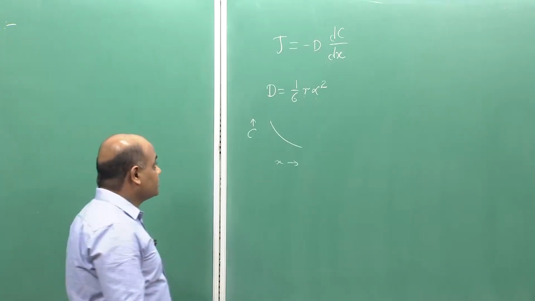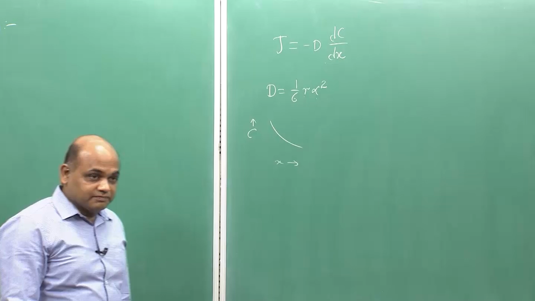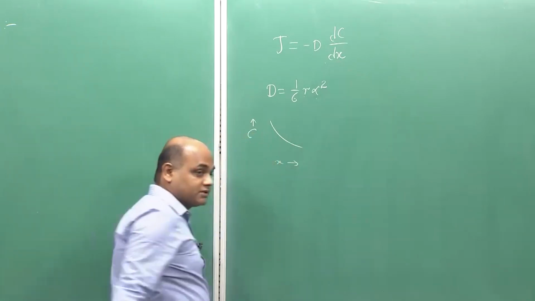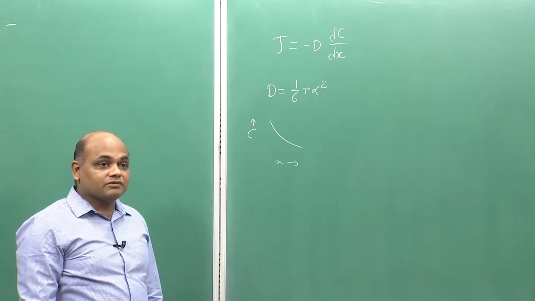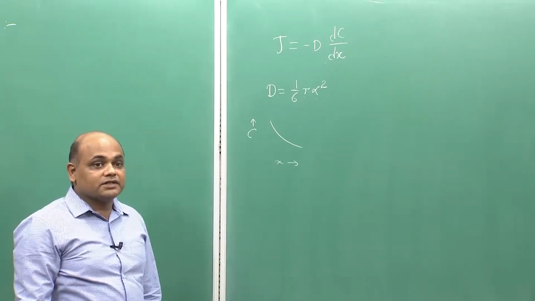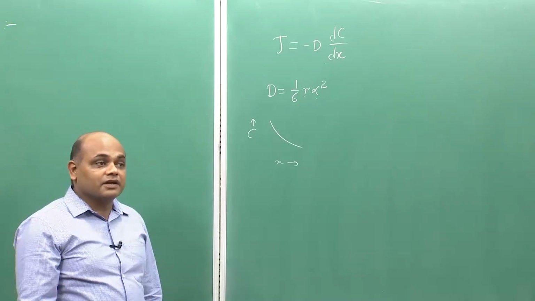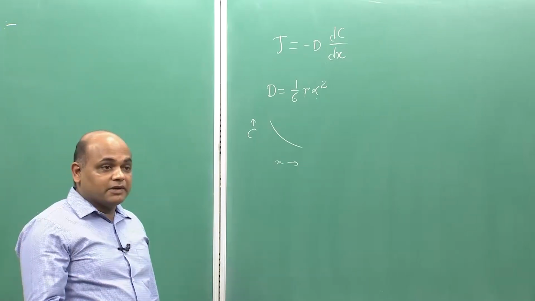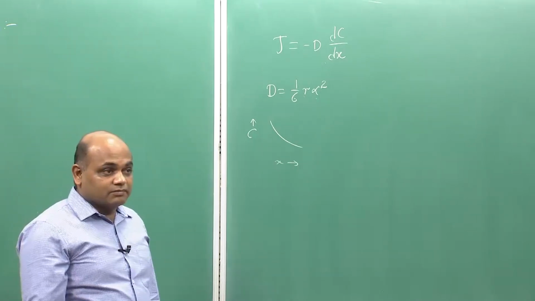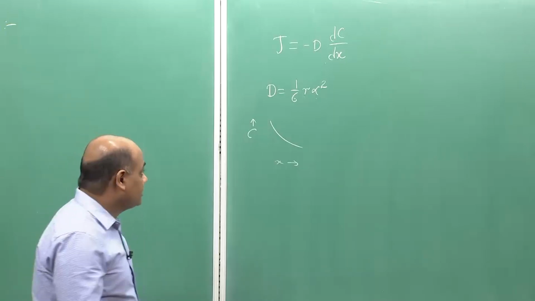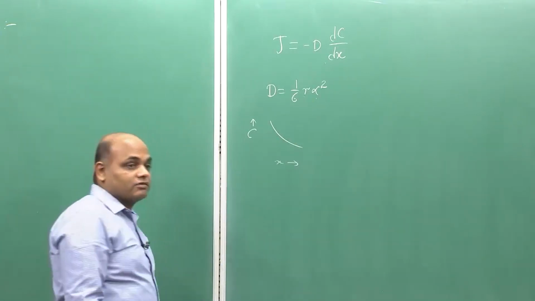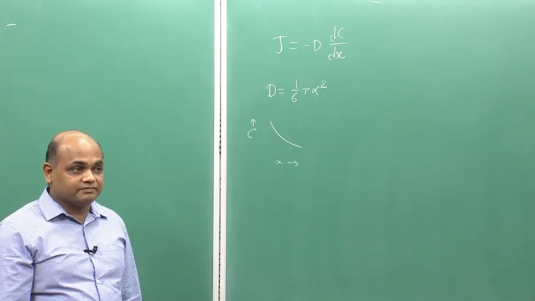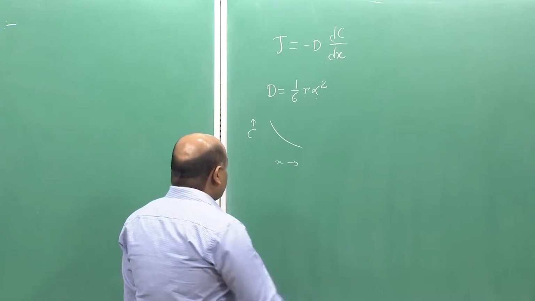So d is a function of composition, but it does not depend upon the gradient of composition. Just like in Fourier's law, thermal conductivity does not depend upon the temperature gradient, and in Ohm's law electrical conductivity does not depend upon the gradient of electric potential, right. Similarly, diffusivity does not depend upon the gradient of concentration, but it does depend upon composition. So keep that in mind.